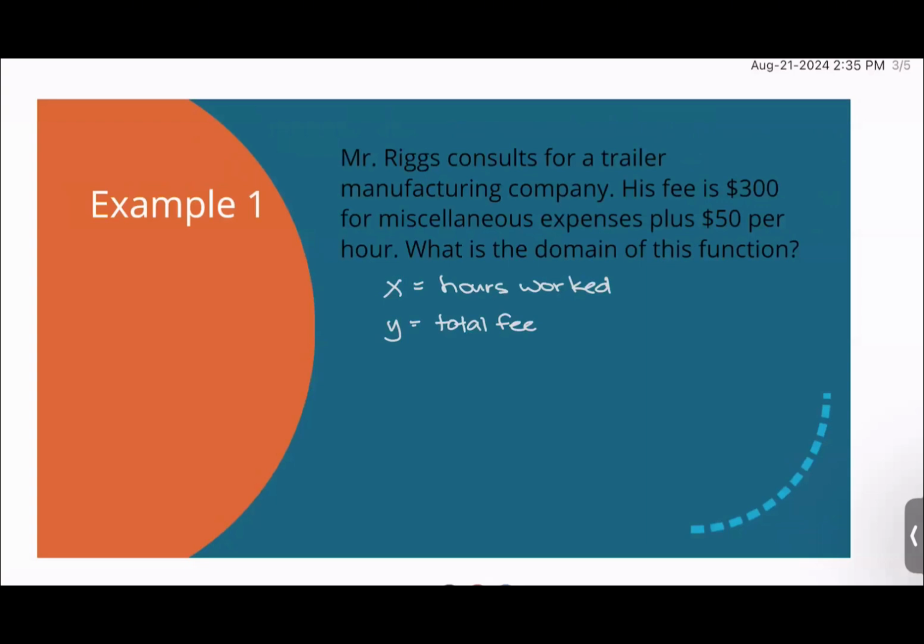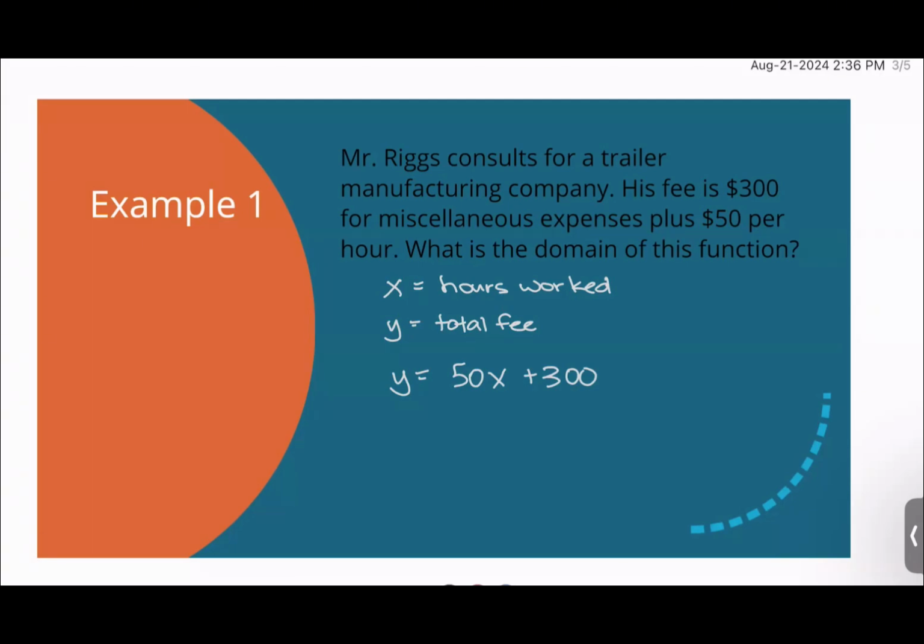An equation that would represent this situation would be the total fee y is equal to $50 per hour, so 50 times x, plus the $300 that he charges for the miscellaneous expenses. So he's always going to charge at least $300. So our range here, or possible values for y, would be at least 300, so 300 to infinity.